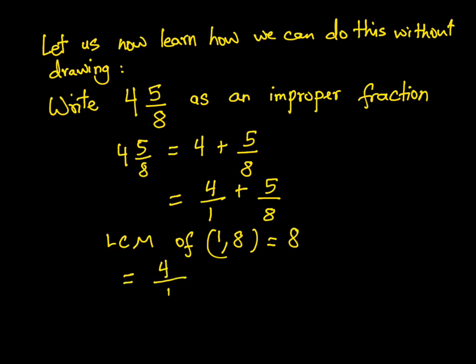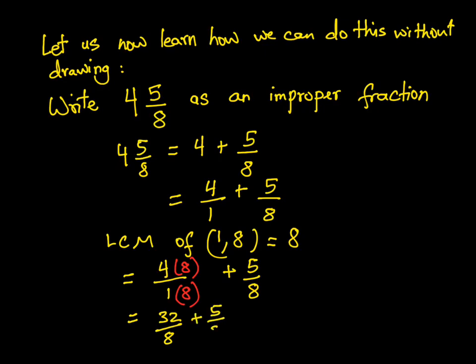So what we need to do is make both denominators equal to 8, so that we get the same denominator. And once we have the same denominator, we can combine those fractions. So that's going to give you 32/8 plus 5/8.